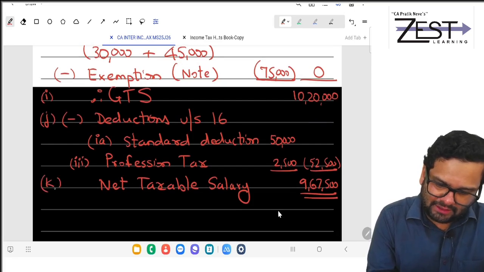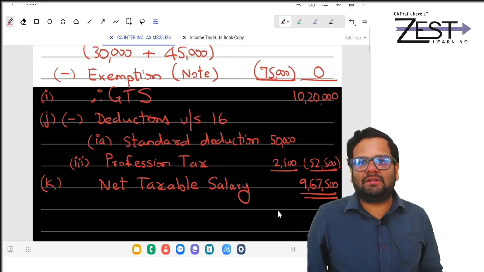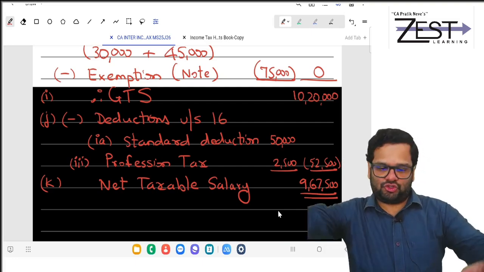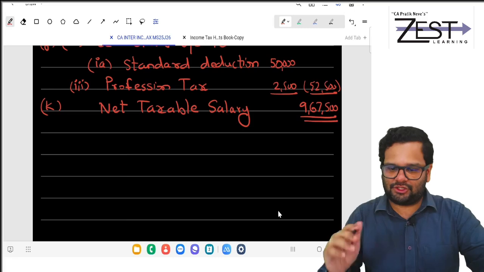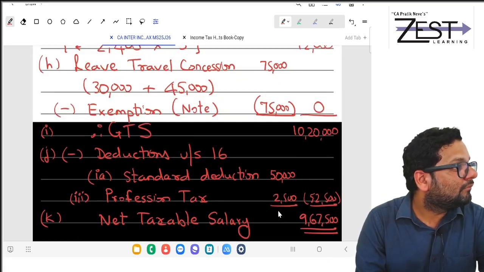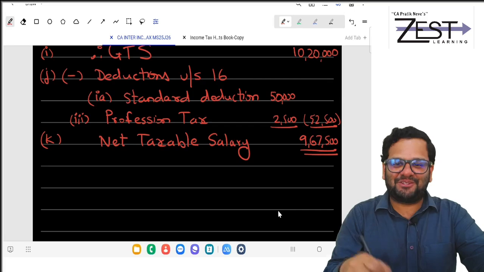Finally, you got net taxable salary 9,67,500. Write notes and then we will stop for the session. That's what I said, na? That we'll write notes, then we'll stop for the session.